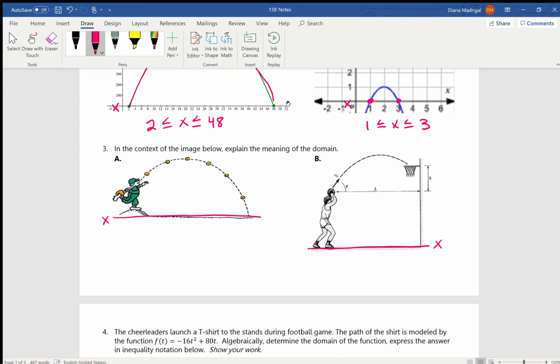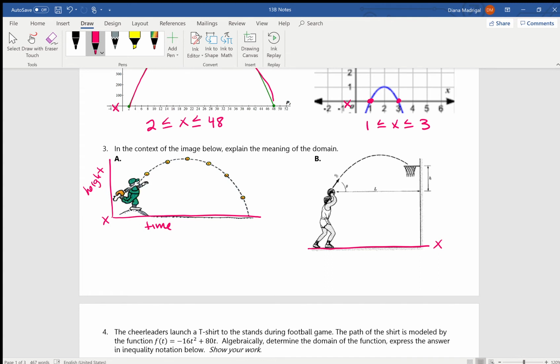These problems look like the problems from Target A. Remember when the bride threw the bouquet, or when they threw the basketball or the football? Well, what's happening on the first image? On all the graphs, our x values was always time. I don't know if you guys remember from your Target A, and your y was always the height.